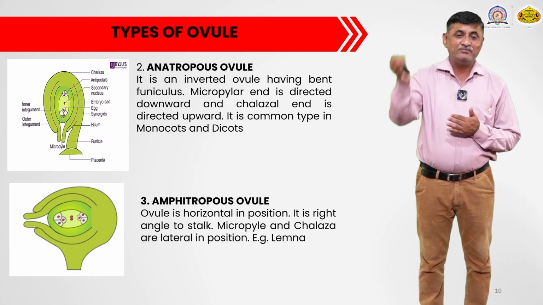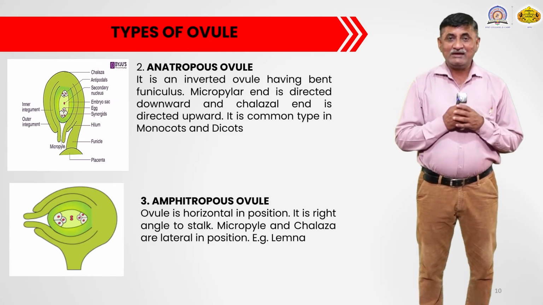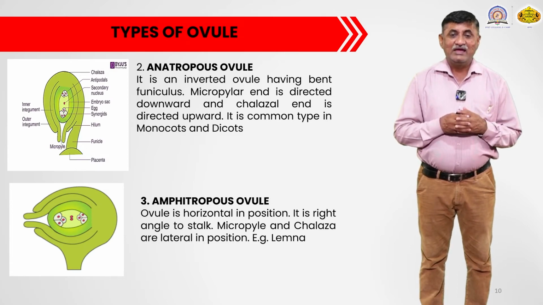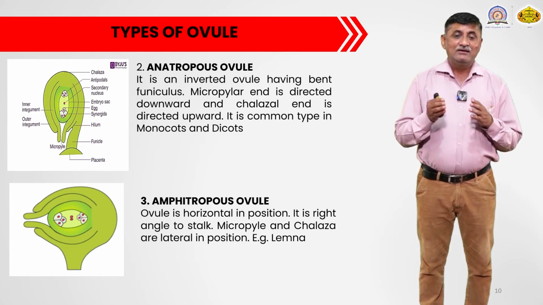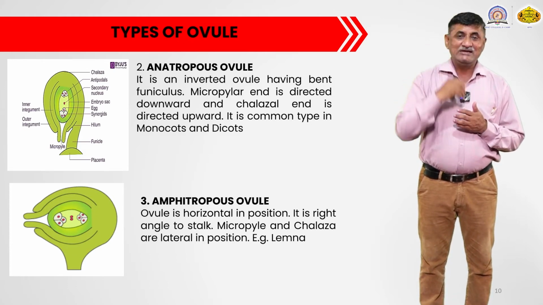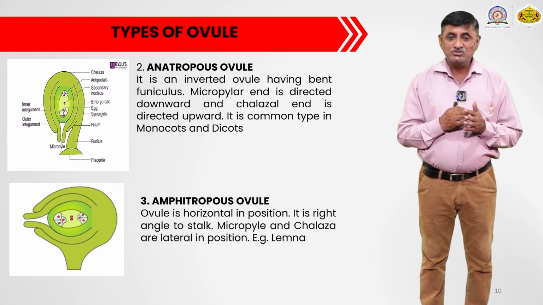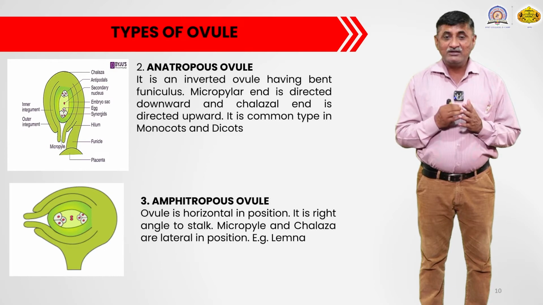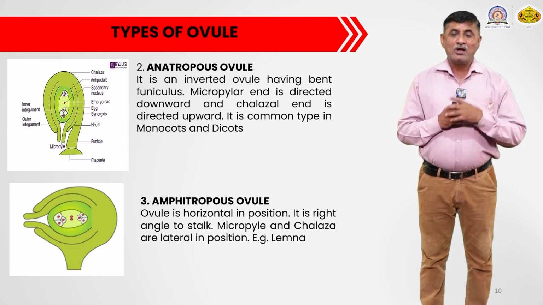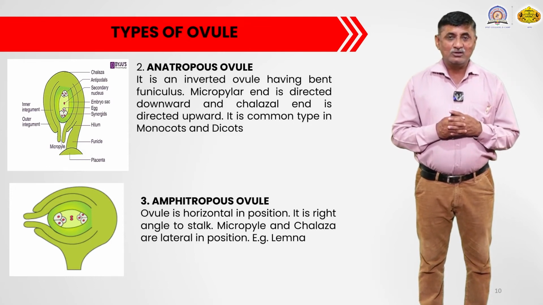Its funicle gets bent down, and that's why the micropylar end is directed downward and the chalazal end is directed upward. So the chalazal end goes up and the micropylar end comes down. This is because of the bent funicle. And this kind of ovule is a common type in the plants of monocots and dicotyledons.